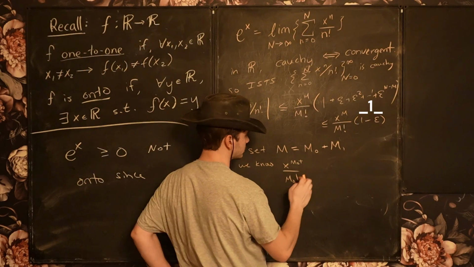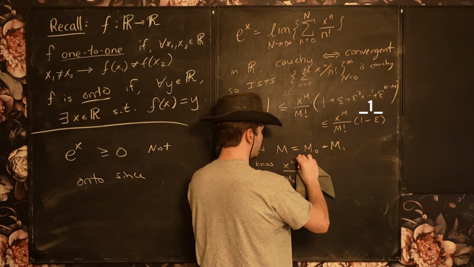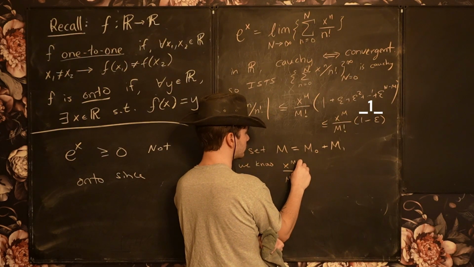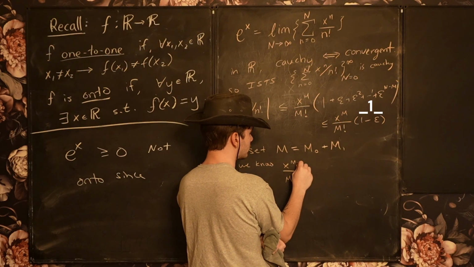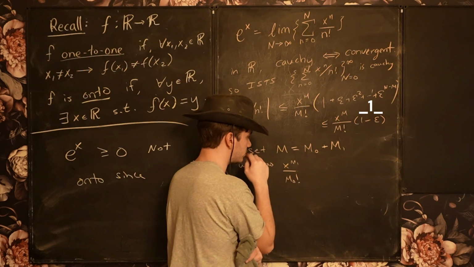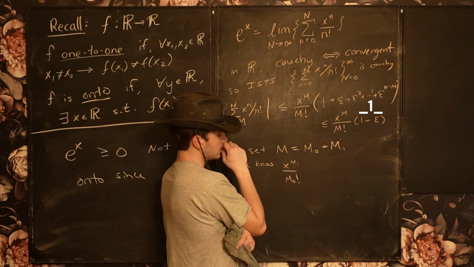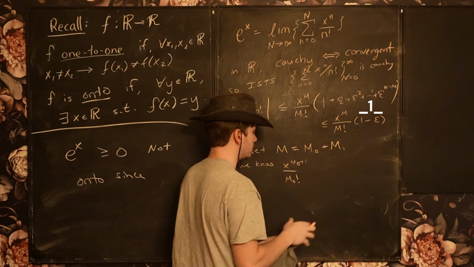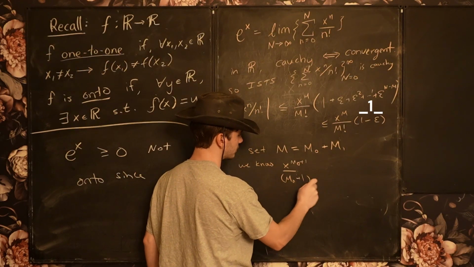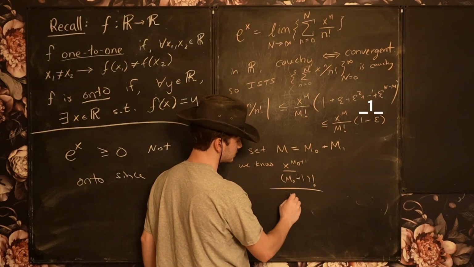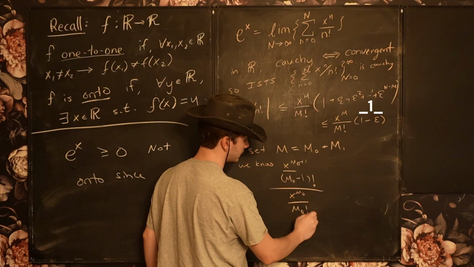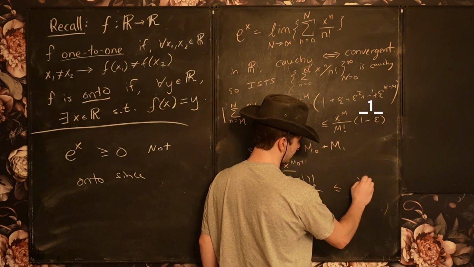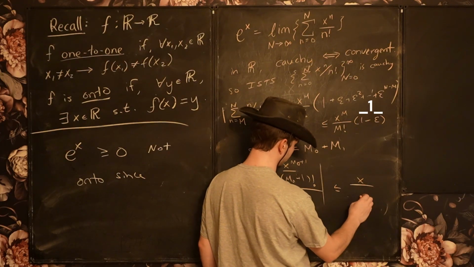and we know that if I divide, x to the m naught plus 1 over m naught plus 1 factorial divided by x to the m naught over m naught factorial, we know this is going to be less than or equal to, in absolute value, x over m naught plus 1.